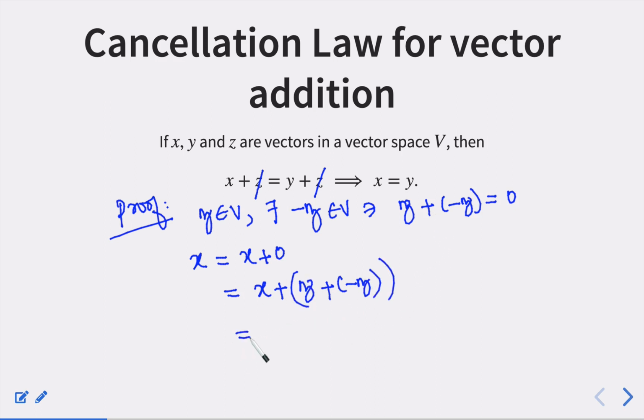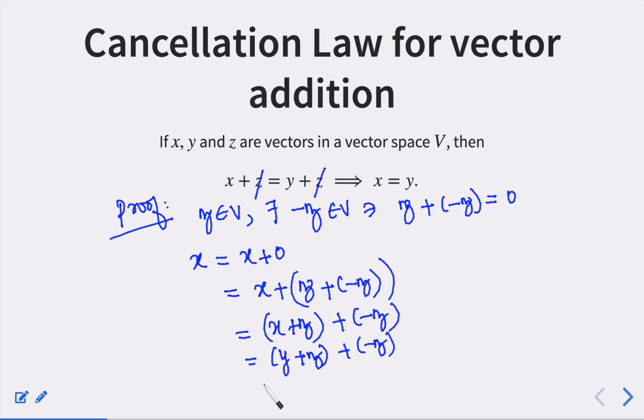and then I can use the associative property to associate these two, which means x plus z can be clubbed like this. Then x plus z equals y plus z has been given, so I can use that here. So that is y plus z, plus minus z.